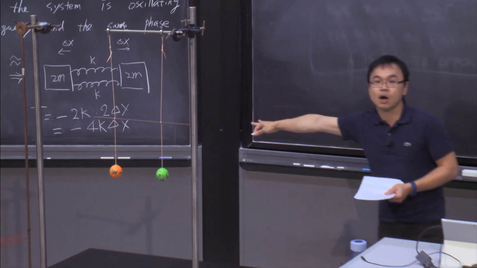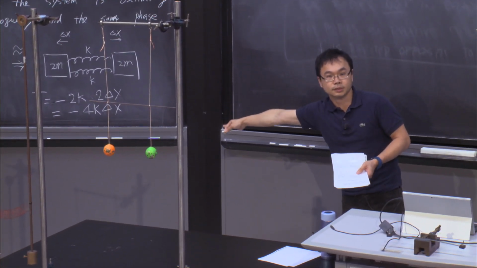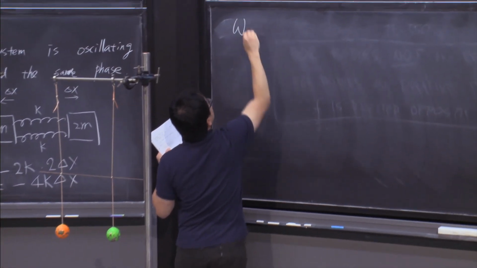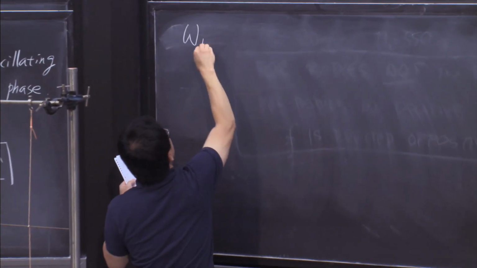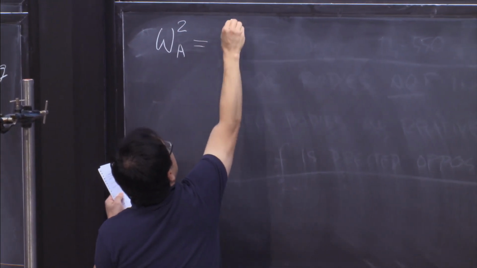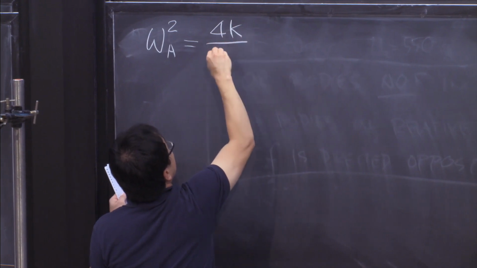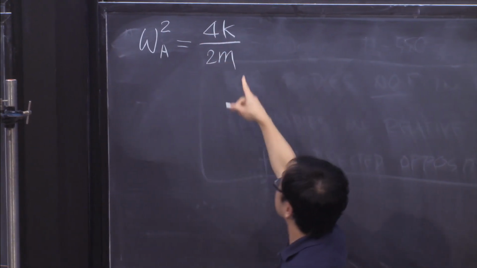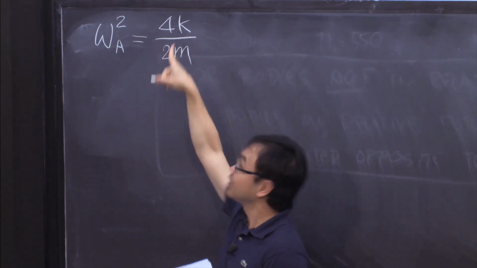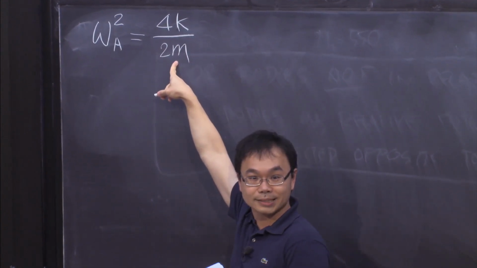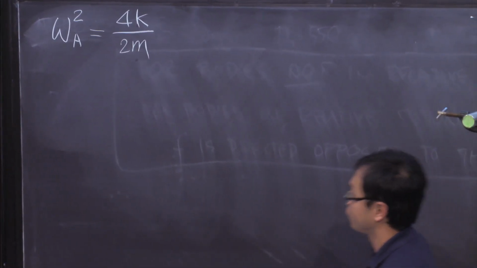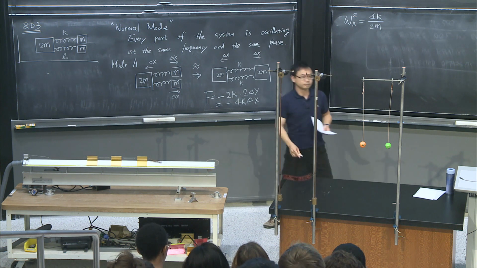We have already solved this kind of problem in the first lecture, so you can immediately identify omega. In this case, omega A squared will be equal to 4k divided by 2m. This is the effective spring constant, and this is the mass. So that is the frequency of mode A.